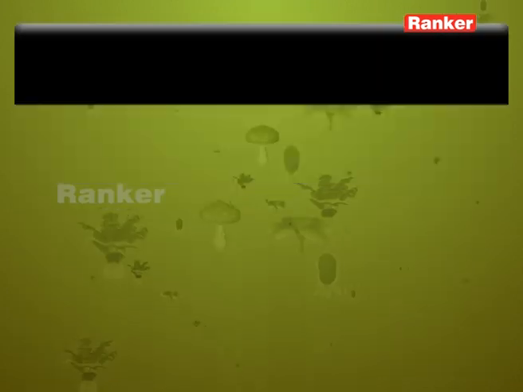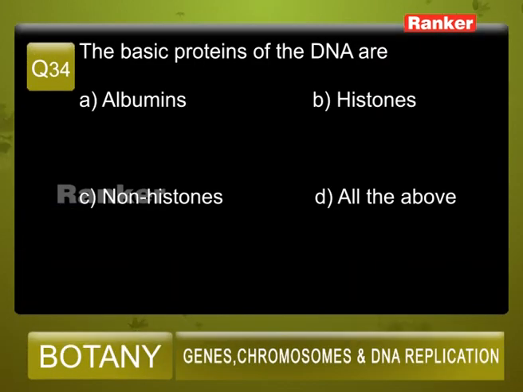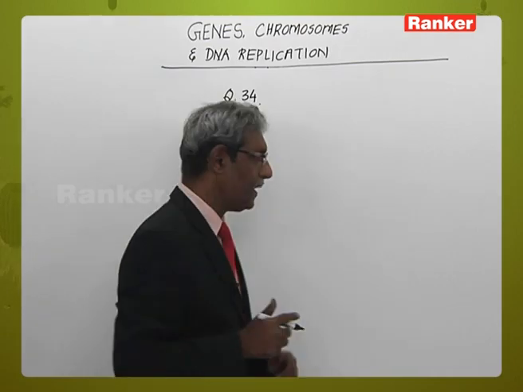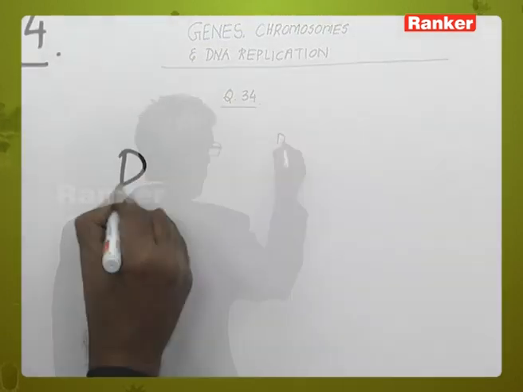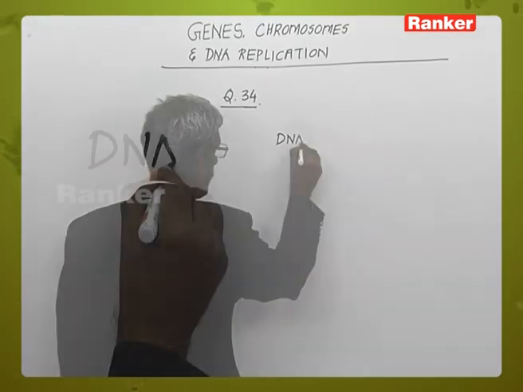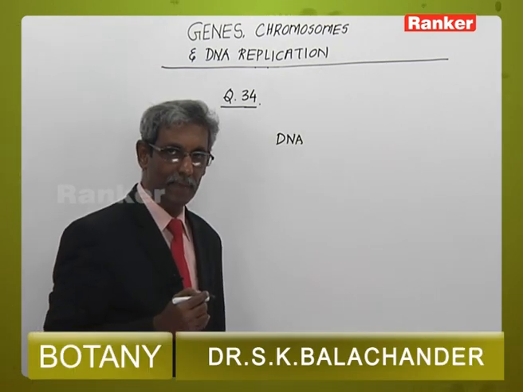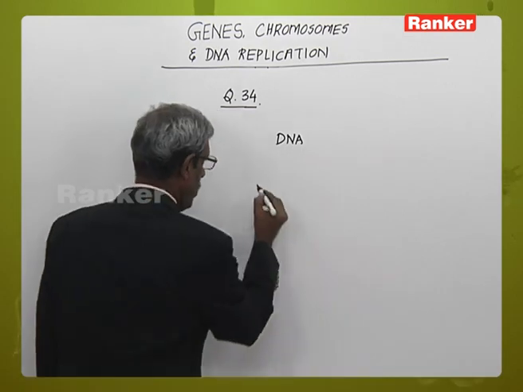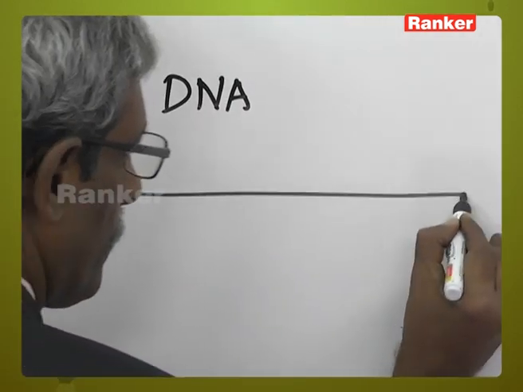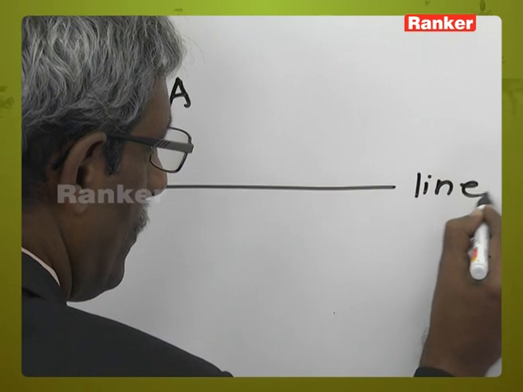Question number 34. The basic proteins of the DNA are A. Albumins, B. Histones, C. Non-histones, D. All the above. When you take DNA, the deoxyribose nucleic acid is the genetic material, and the genetic material is a long, linear DNA molecule.